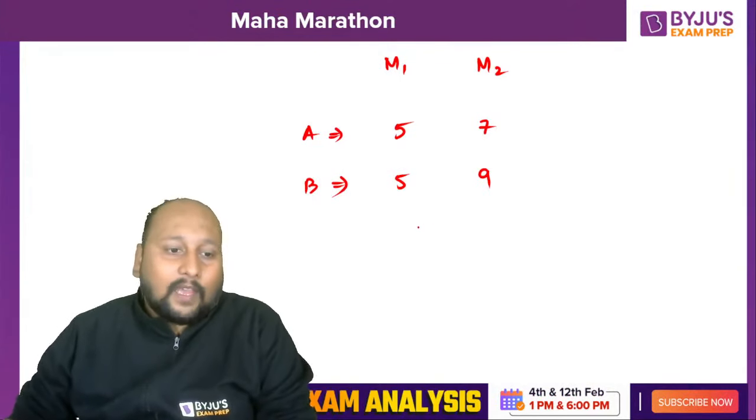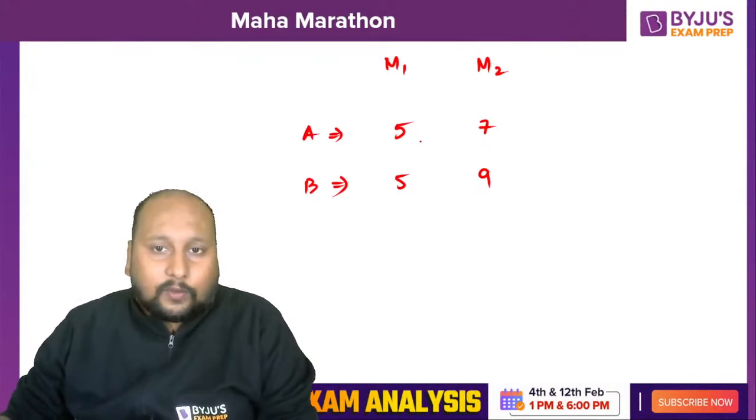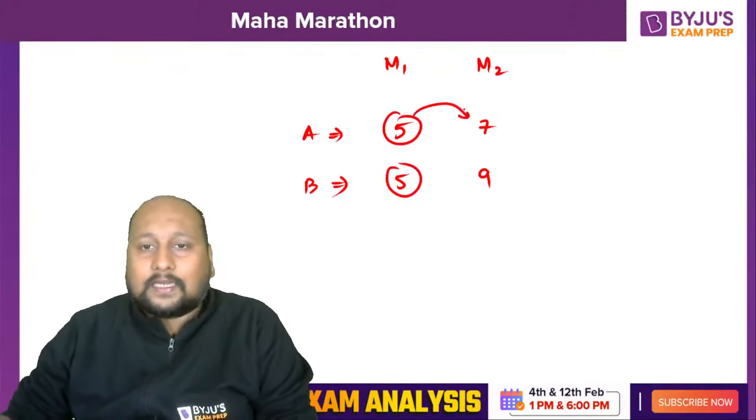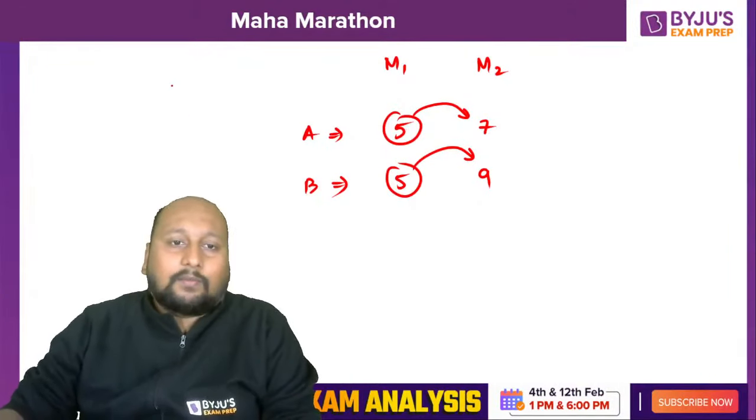Definitely we have to prefer A. Why? Because in this situation we have to check the value in the second machine. In the second machine, the job with the least value will be preferred first.